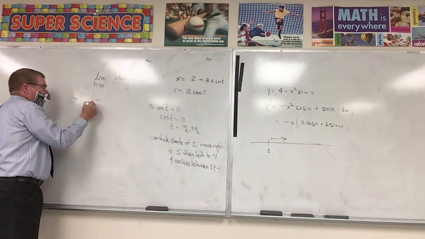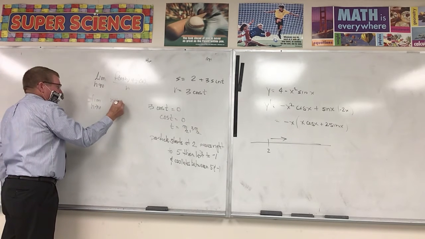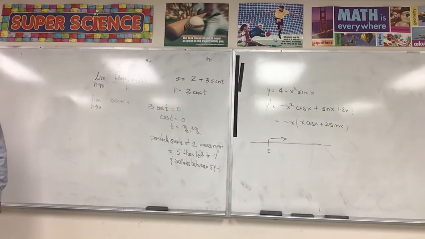The limit, as h approaches 0, of x plus h plus 1 plus, well, what's f of x? When I put 0 in, which function am I going to use? The x plus 1 or the sine x? The sine x. Or the cosine x, rather. What's cosine 0? 1.